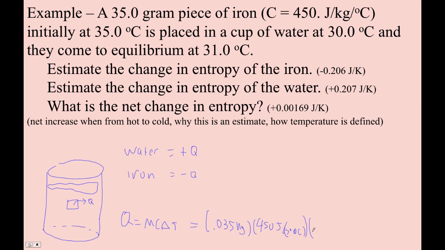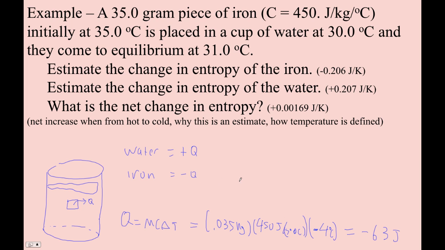So that's minus 4 degrees Celsius. So this is Q for the iron, right? Let's figure that out: 0.035 times 450 times negative 4. And I get that for the iron, Q is negative 63 joules.